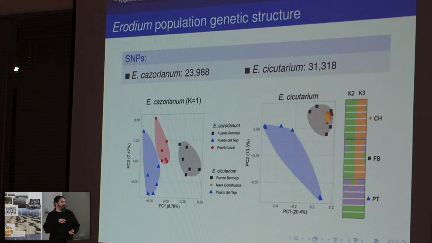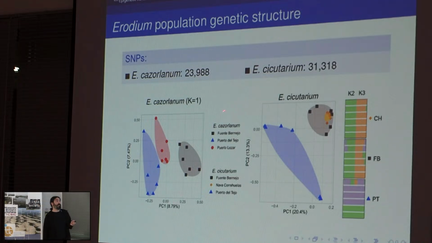So, the population genetics of both species: we end up with this number of SNPs, more than 20,000 and more than 30,000 in Cazorlanum and cicutarium, respectively. The PCA in Cazorlanum is tricky because we can see that there's some stratification there, where the explained variance from the two first PCs was not great.